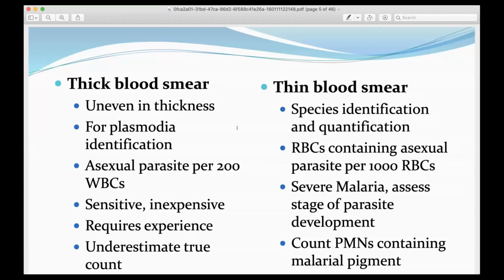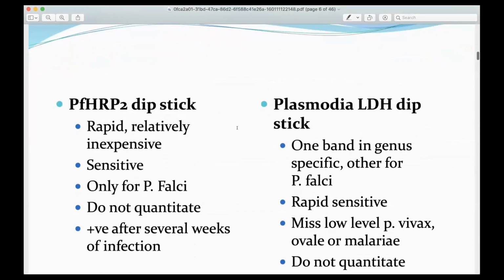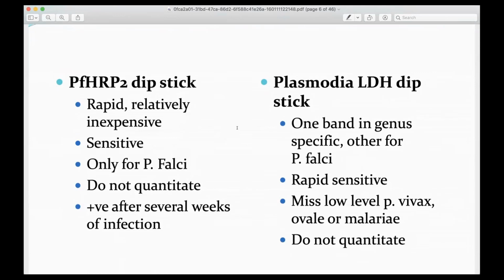So next come to the Plasmodium dipsticks. It is basically an antigen antibody reaction. It is rapid and relatively not expensive. There are two types: the PfHRP2 is only for Plasmodium falciparum, but the LDH based dipstick can identify Plasmodium falciparum and other Plasmodium like vivax also.